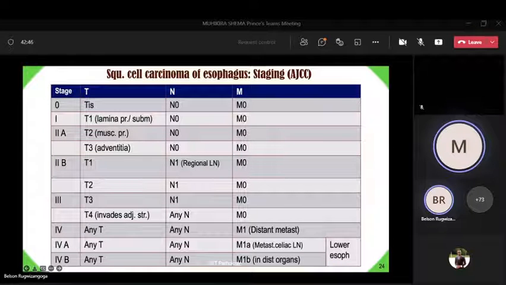So you see that it will be stage 2, especially when there is involvement of a regional lymph node. That will be stage 2B. Stage 3 is when there is T3 and lymph node involved. Then stage 4, whenever there is a metastasis, we say the patient is at stage 4. So that is in general.